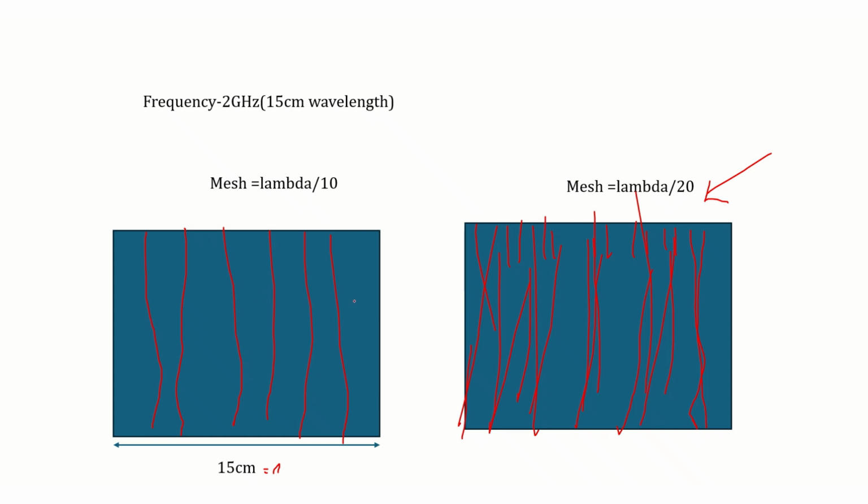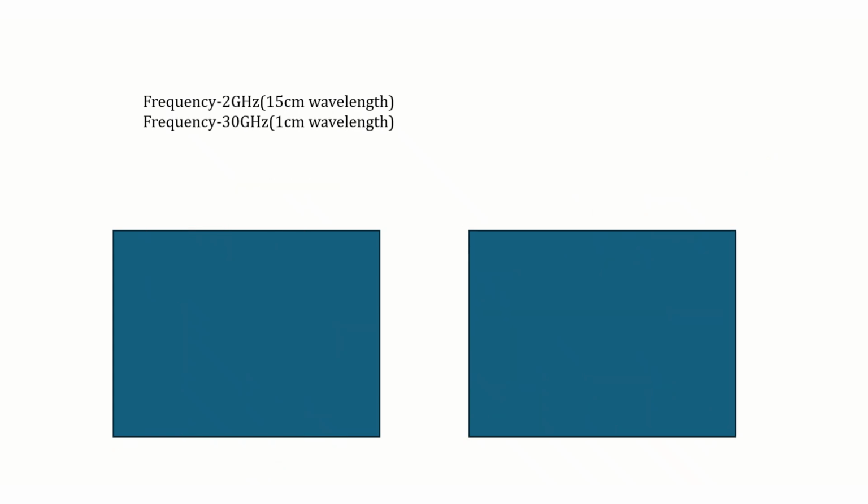And one of the other important things is that the meshing will also have an impact on the frequency. Like if we say the frequency is 20 gigahertz, then the wavelength is 15 centimeters. So if you consider 50 centimeters and the meshing is lambda by 10, we have to divide this structure into 10 discretized elements.